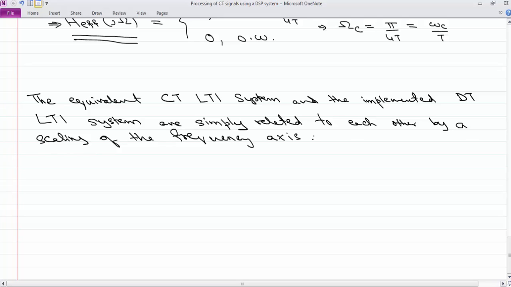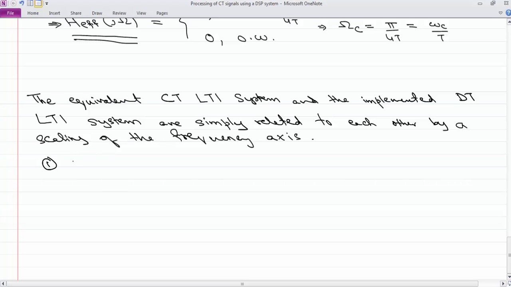Now there can be two ways of encountering this problem, under the conditions that your input signal is band limited, you satisfy the Nyquist criterion, and the reconstruction filter is ideal.